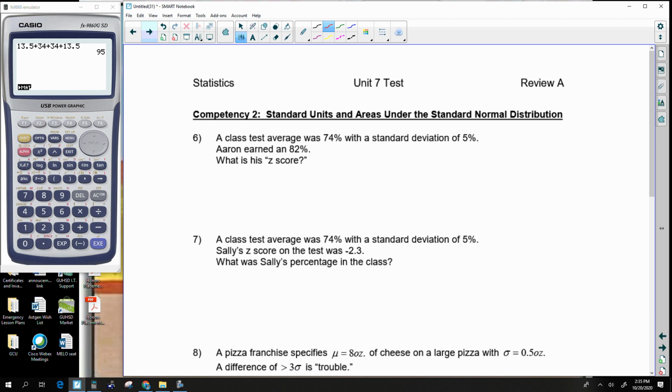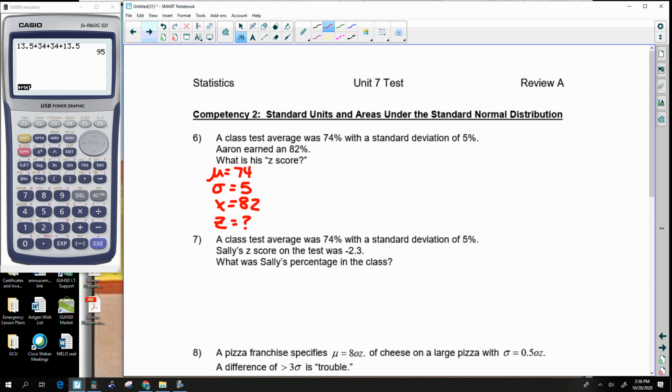Okay, moving on to competency 2. This is one where we are dealing with some formulas, so Z formulas and the X formula. Here it says the class average is 74% with a standard deviation of 5%. Aaron earned 82%. What is the Z score in this situation?